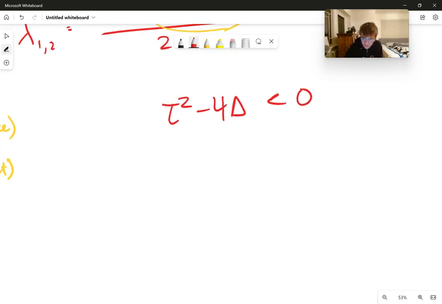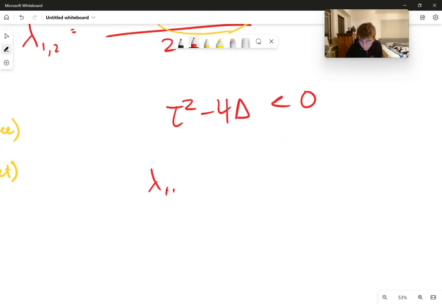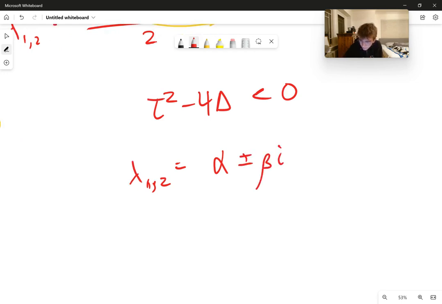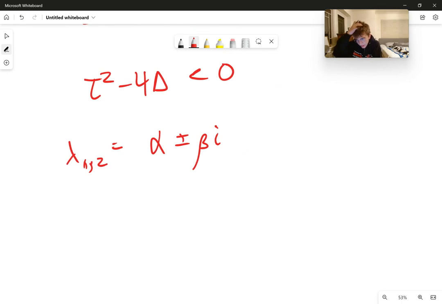Okay, so lambda 1, 2 is basically going to be some complex conjugate alpha plus or minus beta i. Okay, what I'm going to get, as you've seen in a normal differential equation, is a combination of sinusoidal waves. Okay, so this complex part of the exponent is going to cause solutions that oscillate.